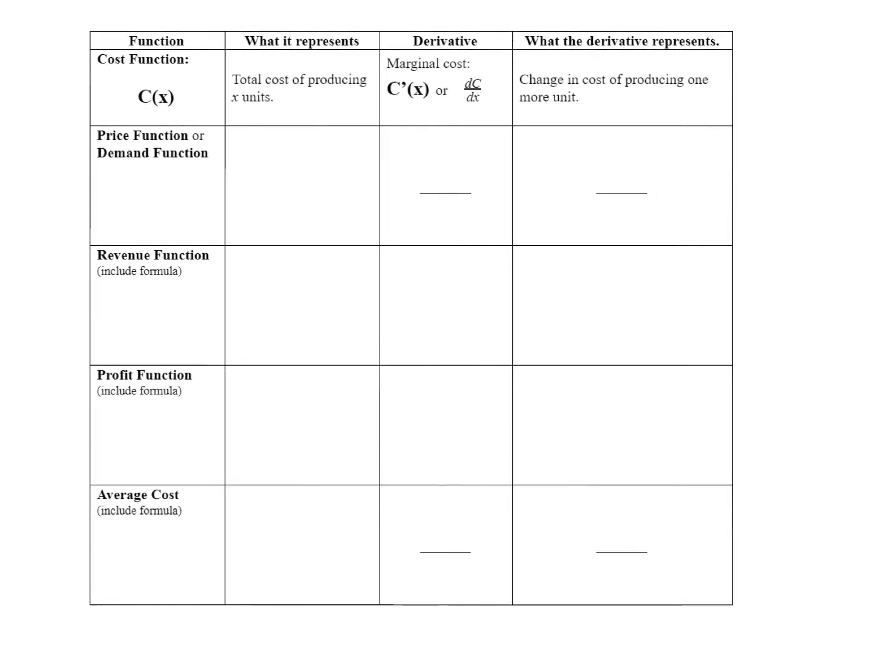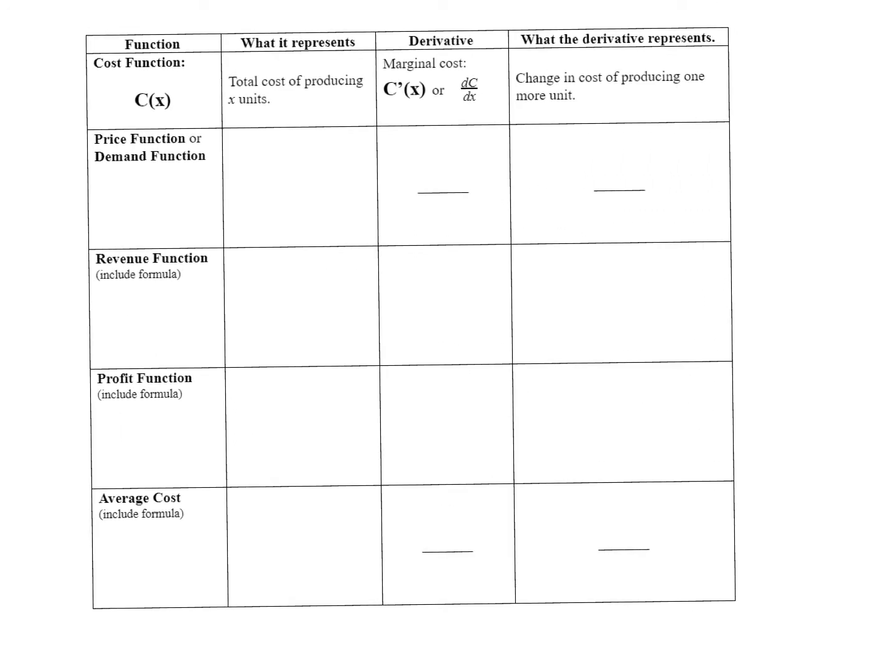Okay, there's a table here to be filled out. Let me see if I can make this a bit bigger. Okay, so just summarizing what each item represents. So price function or demand function, that's lowercase p, and that is the price each unit is sold for.